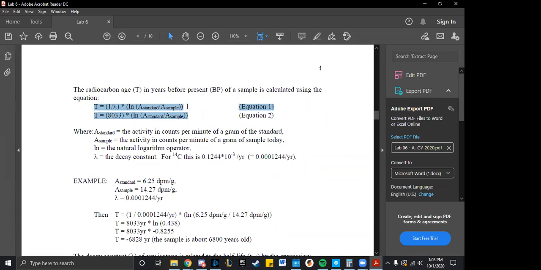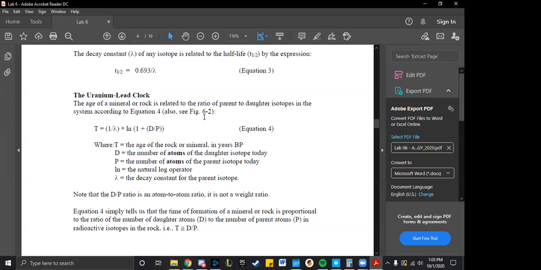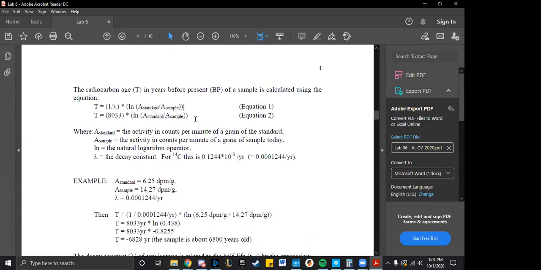So this equation is pretty much the same thing as the uranium equation. It just has one thing changed, but this is the general one. You should be able to use that for everything. Okay. Is that like the Y thing on the calculator? That upside down Y? It should be.